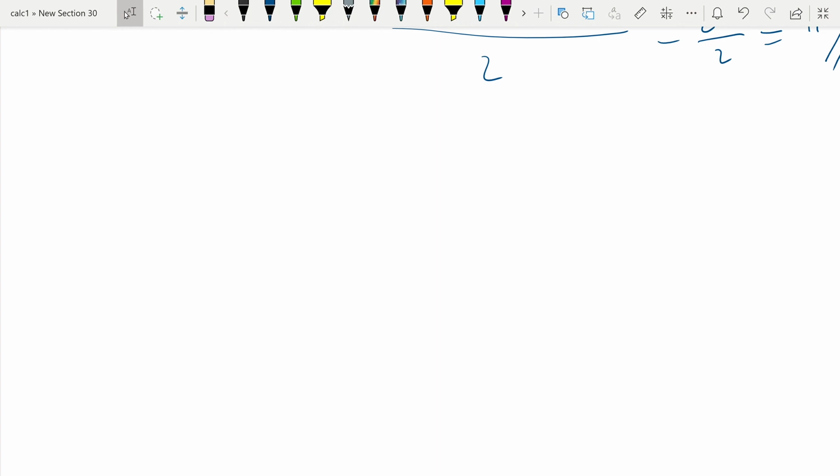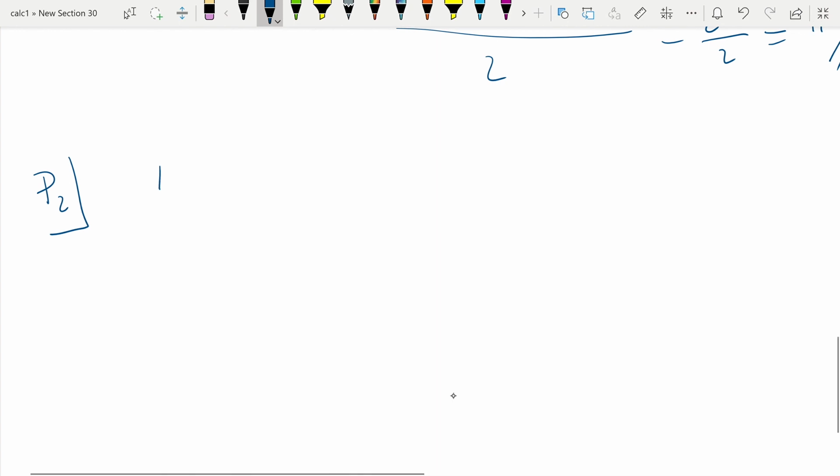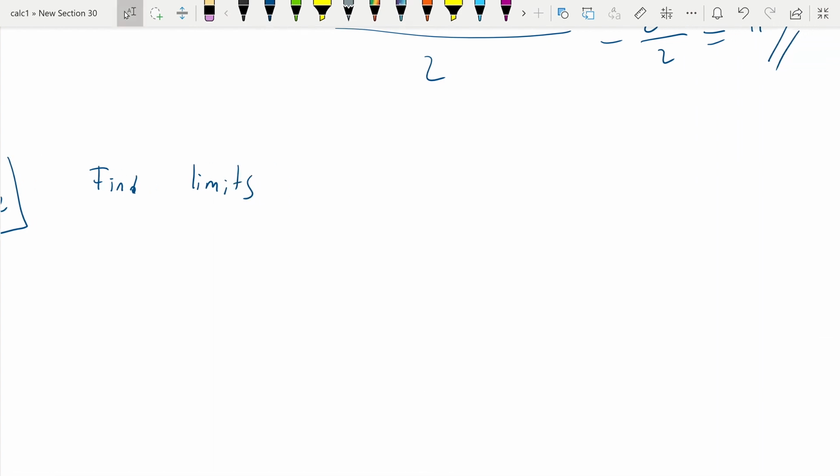Another kind of thing that you may encounter, it has to do with the first part of the material, will be to find limits algebraically.